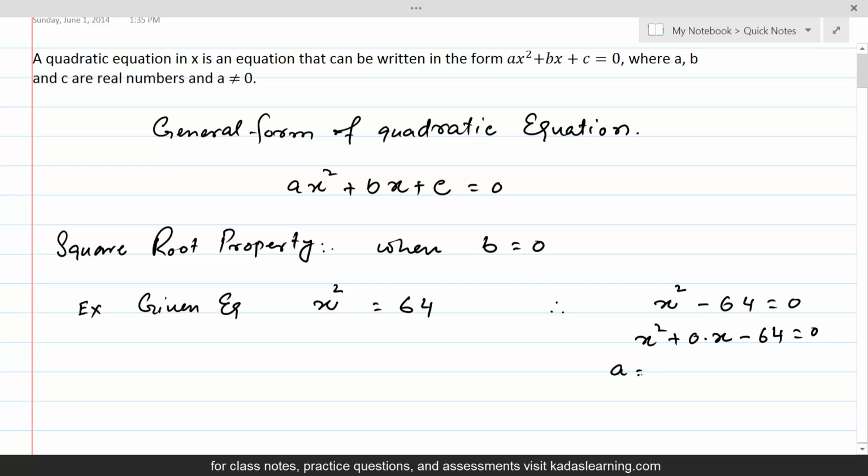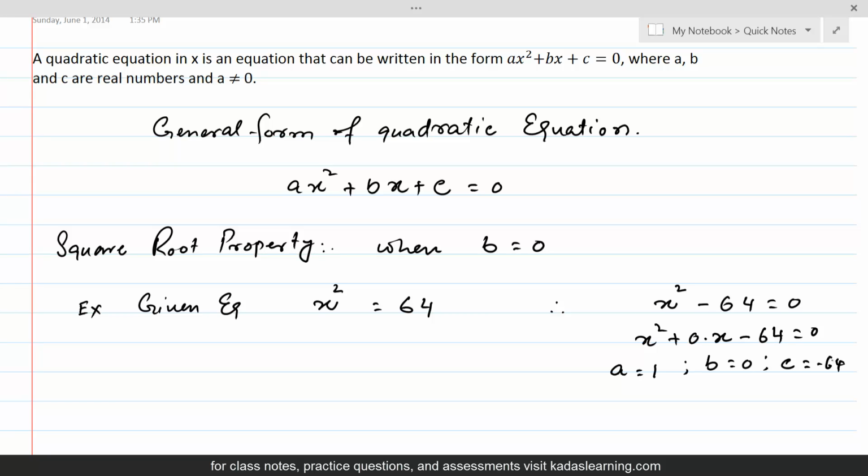Here a is equal to 1, b is equal to 0, and c is equal to minus 64. See, it still follows the general form of the quadratic equations. Here the condition was only that a cannot be equal to 0.